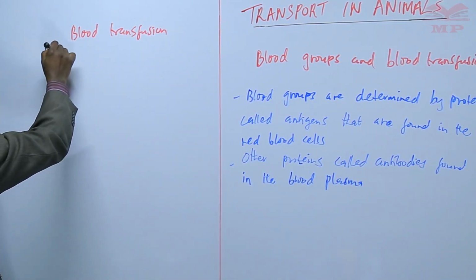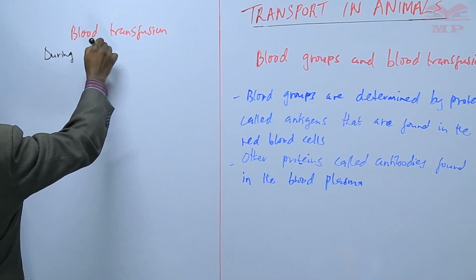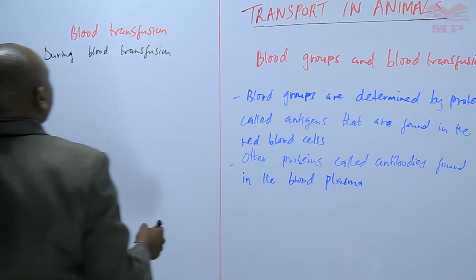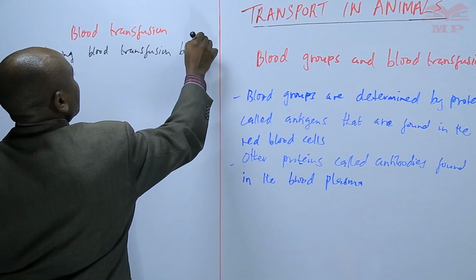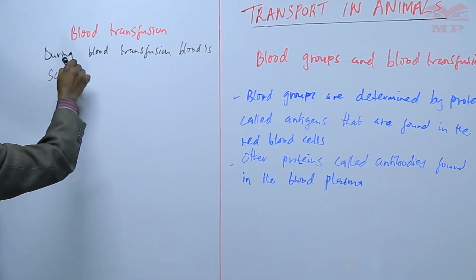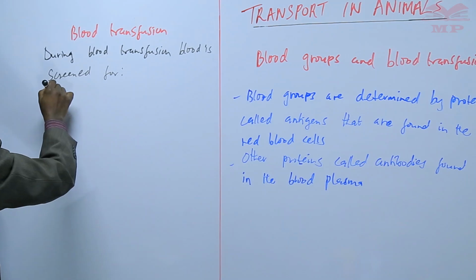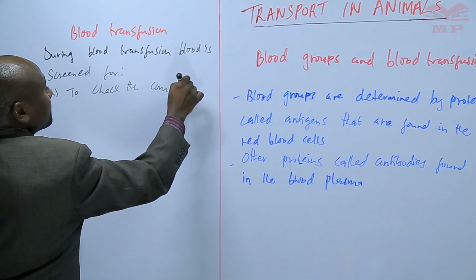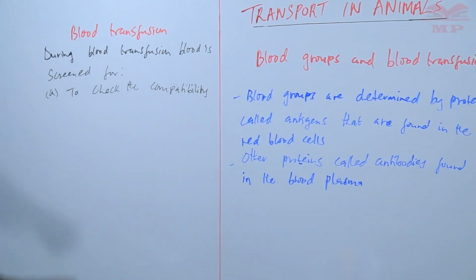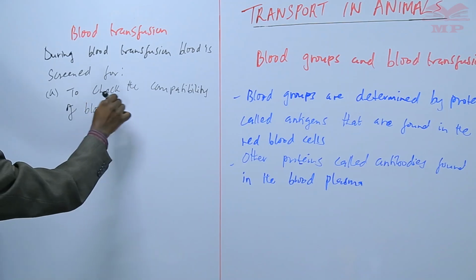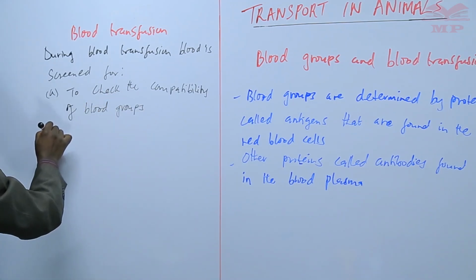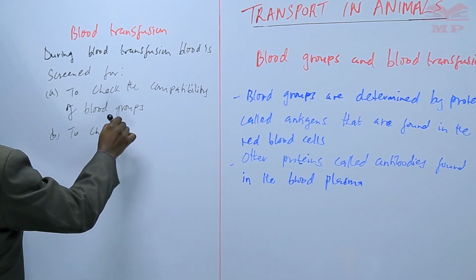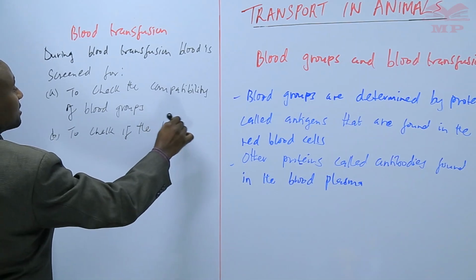So during blood transfusion, blood is screened for one, to check the compatibility of blood groups, and two, to check if the blood is infected.